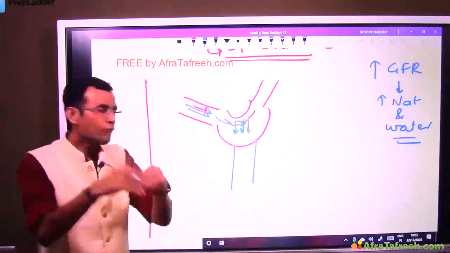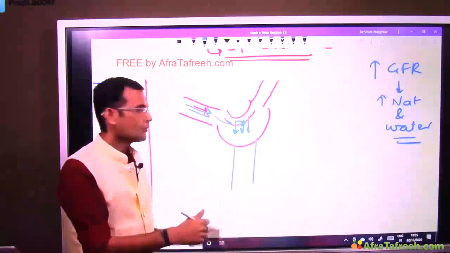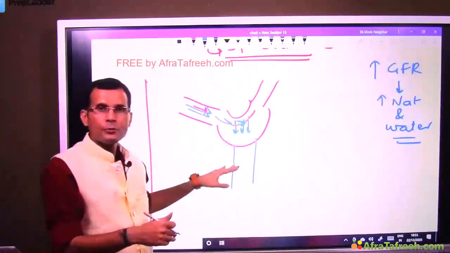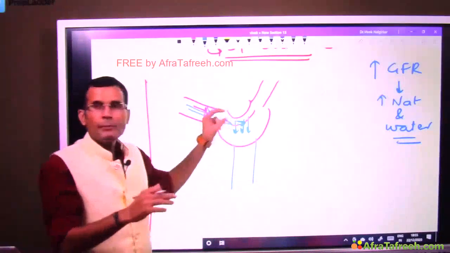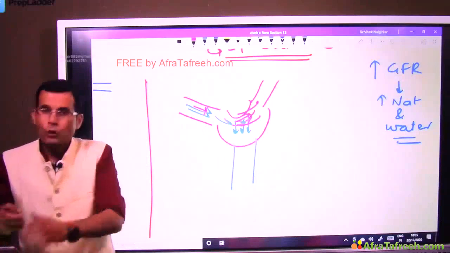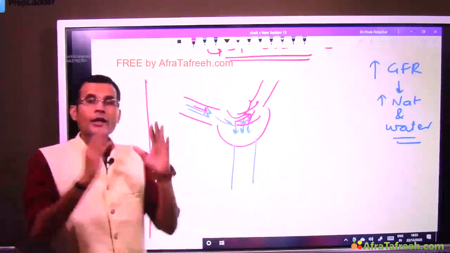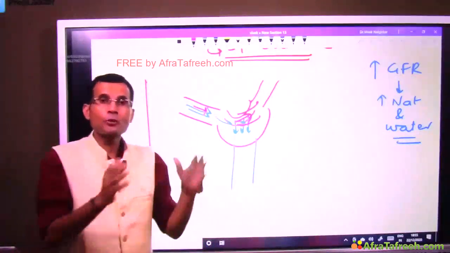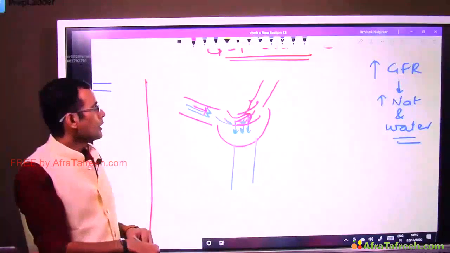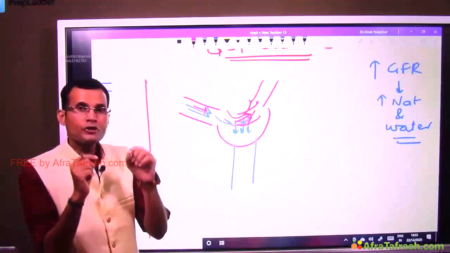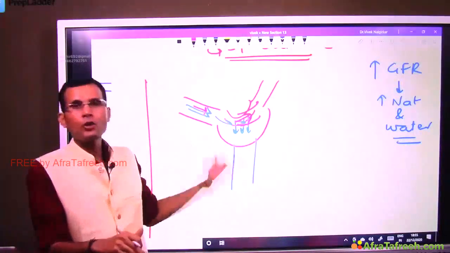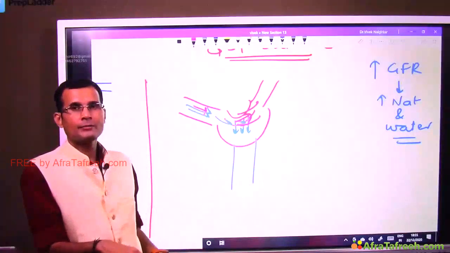Since a lot of water has got filtered out into the Bowman's capsule and therefore in the tubules, the remaining blood in the glomerulus will have a relatively high concentration of proteins. Do you get this point? High concentration of proteins, because proteins are not filtered at the glomerulus under normal circumstances.